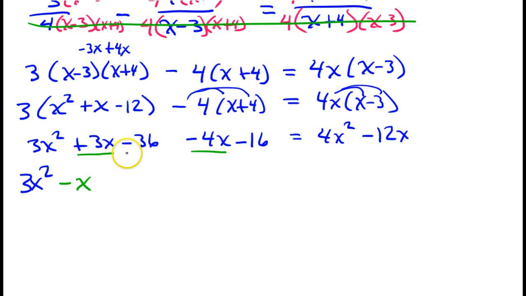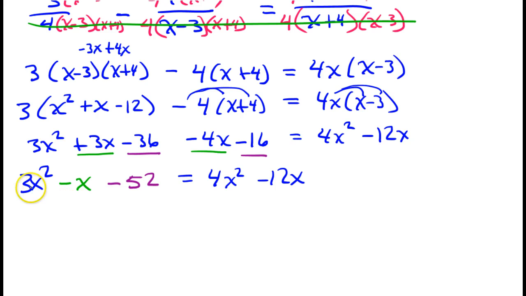I'm looking at the negative 36 and the negative 16. Together that's going to make negative 52. And then we have the rest of it. I'm just copying this down. So we have 4x squared minus 12x.